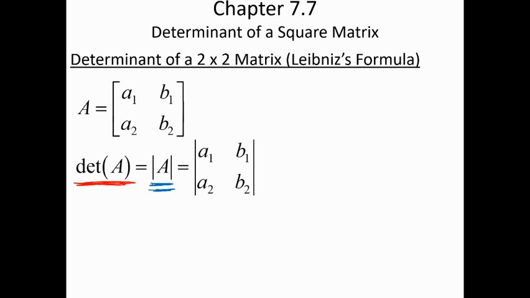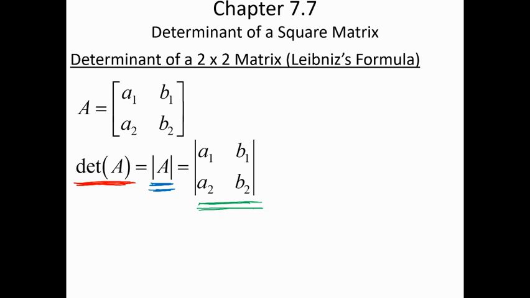You can either write DET for determinant of A, or you could just put A in absolute value bars, and that looks like an absolute value of A, but it really means the determinant of A. But remember, it means determinant. You can actually put the matrix in there, so the absolute value bars, and then A1, B1, A2, B2, right? And this isn't the formula yet. This is just the different ways that you can say the name determinant of A.